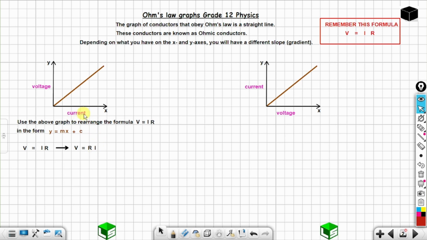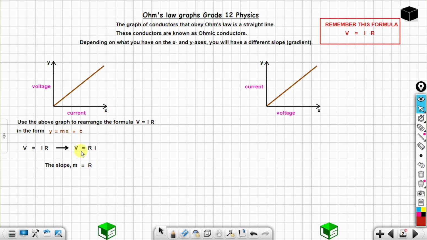You can see the current on the x-axis, and c is equal to 0. So you can see the slope, or the gradient, is equal to R.